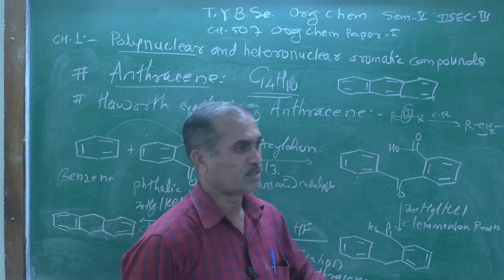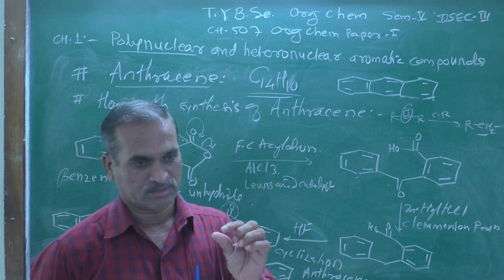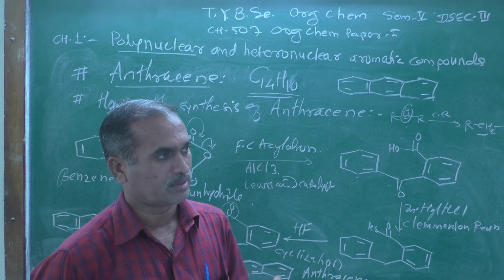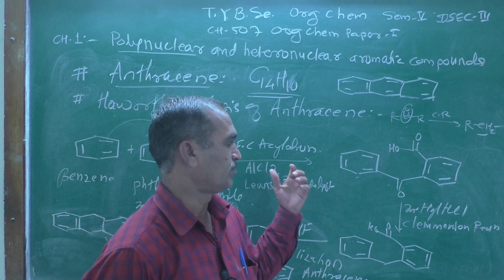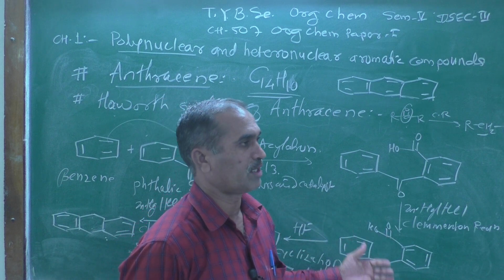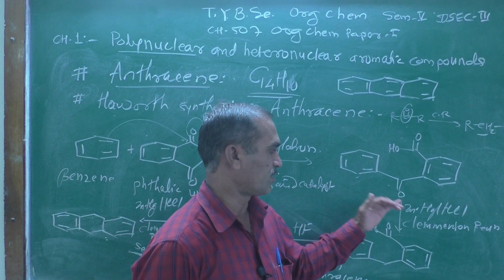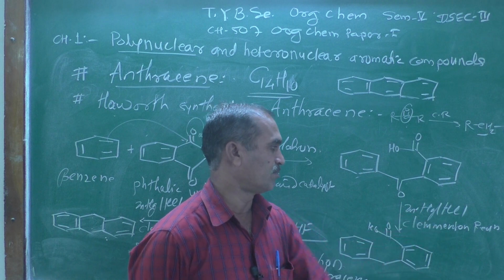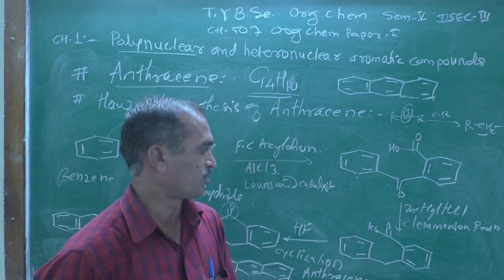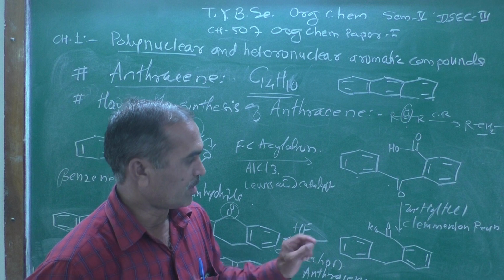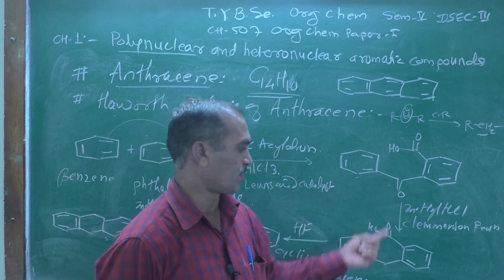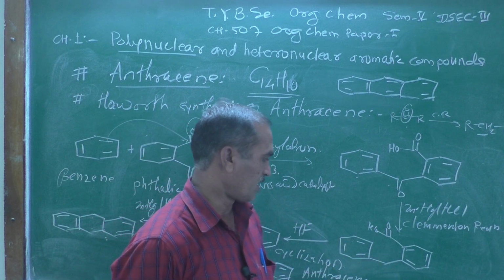The base would affect them, and therefore you won't get the desired product suitably, so in acidic medium the Clemmensen reduction plays a very important role in converting the carbonyl group into a hydrocarbon.